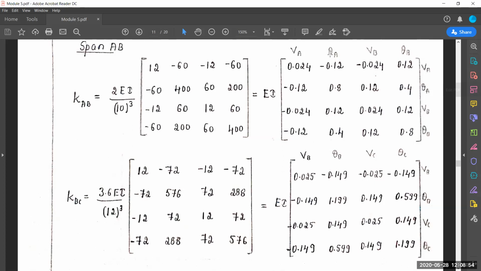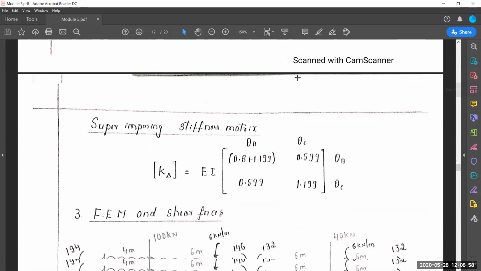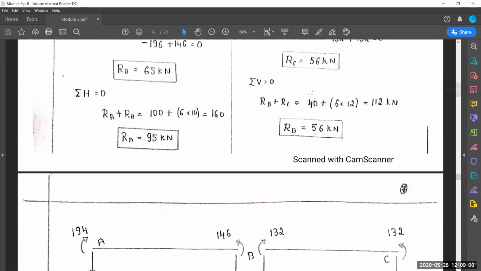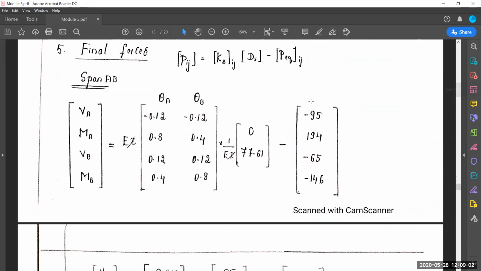See, the order you can reverse. You can give theta A first and then VA. But if you give it like that, that order you have to follow here also. Getting the concept, no? Since I'm following VA first, then theta A, this order has been given here. Next, which is the span? This one, AB span.